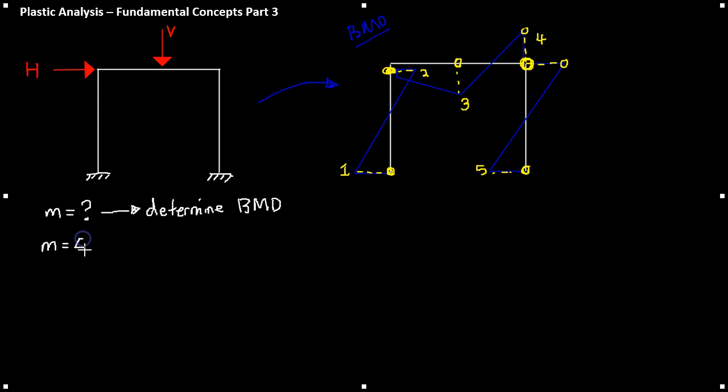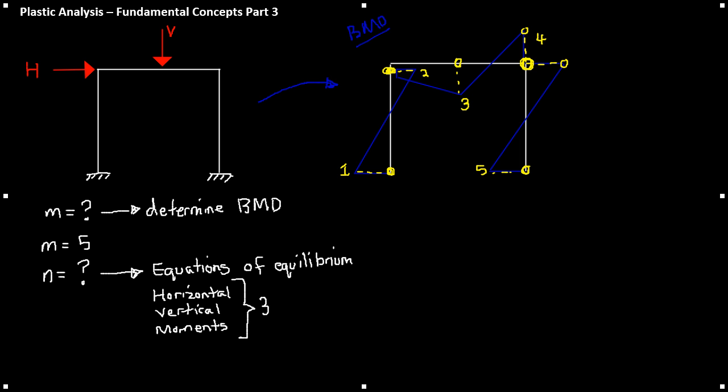Now, how do we determine lowercase n? Well, I said lowercase n is determined by the number of reactions minus the equations of equilibrium. So let's start off with the equations of equilibrium. We have horizontal, vertical, and moments. So we have 3 equations of equilibrium, and that will always be the case.